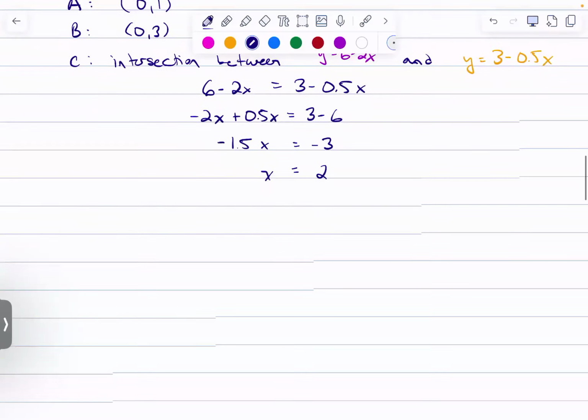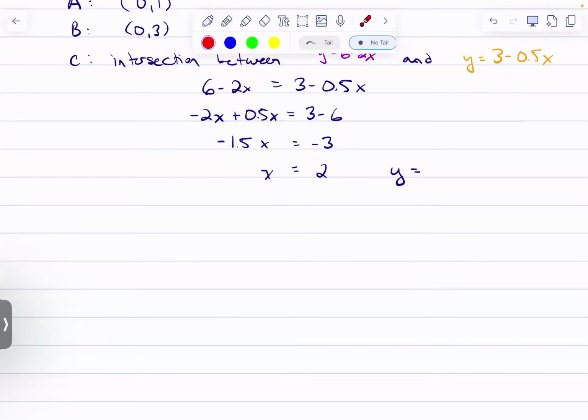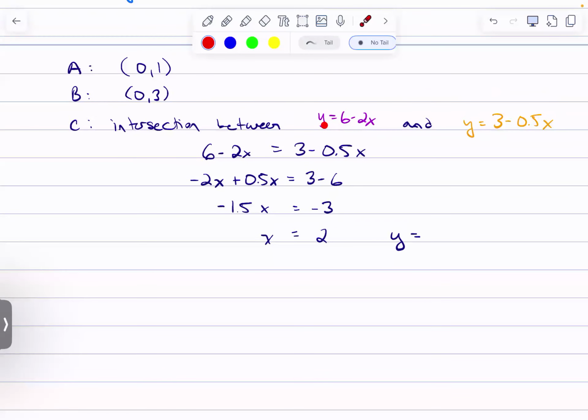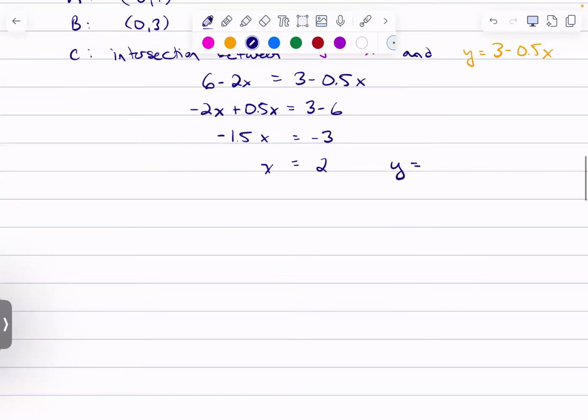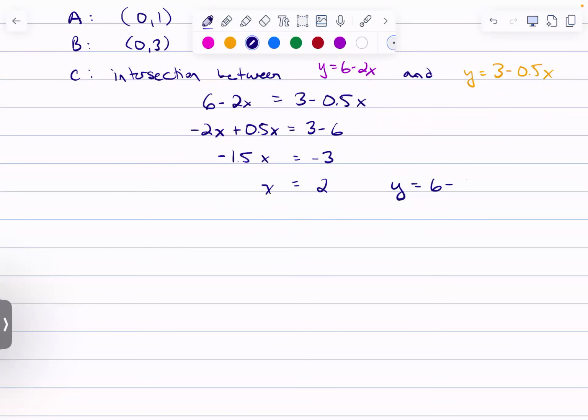Just for simplicity, I tend to just use the first one, right? But if you see easier math coming your way with the second one, go for it. Y is 6 minus 2 times 2. So y must be 2.